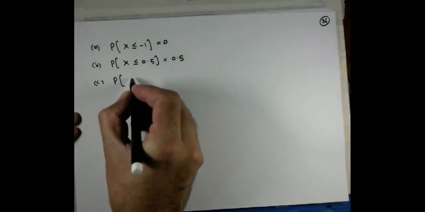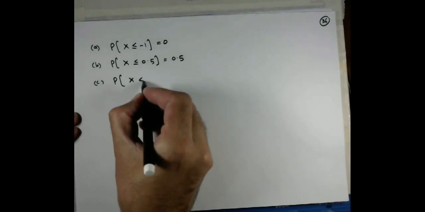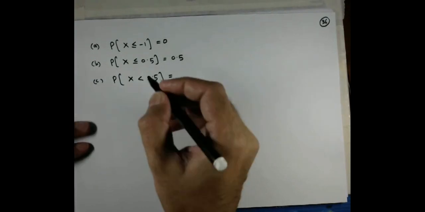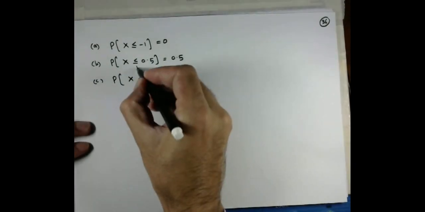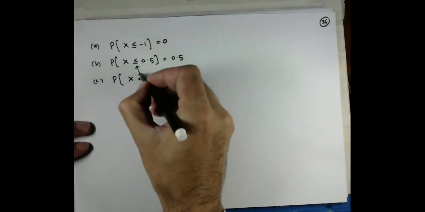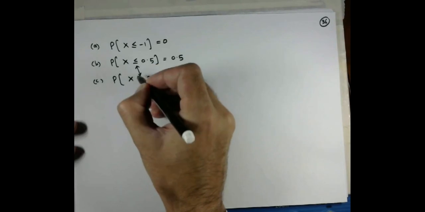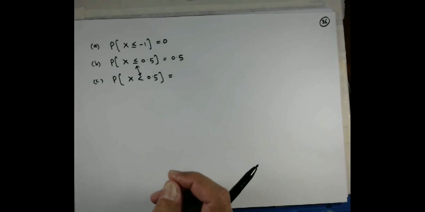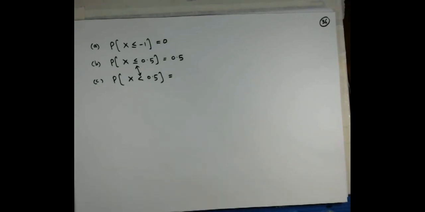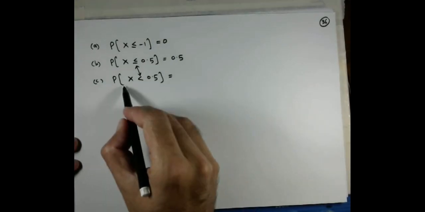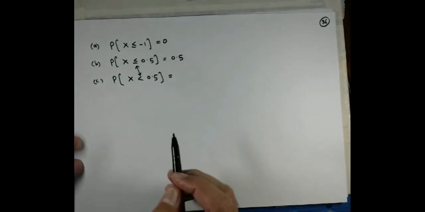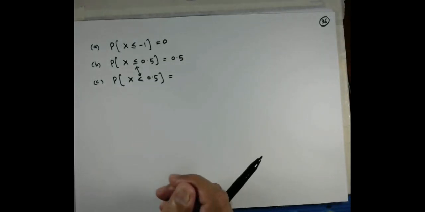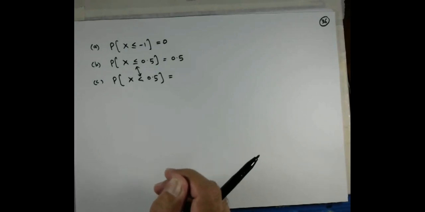Now an interesting note in part C. What is the probability that x is less than 0.5? Please note the difference between these two here. This is loose inequality, this is strict inequality. What do you feel? What should be the probability of x less than 0.5? Is there any difference? I hope you understand that there is no difference. Why?